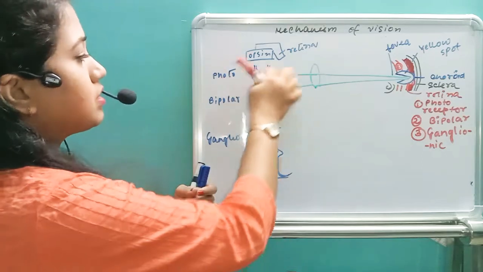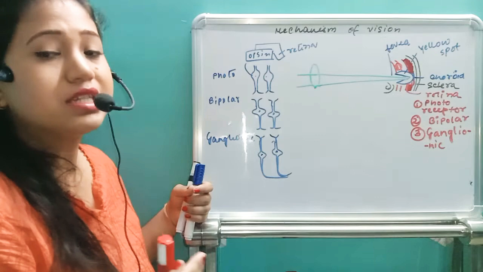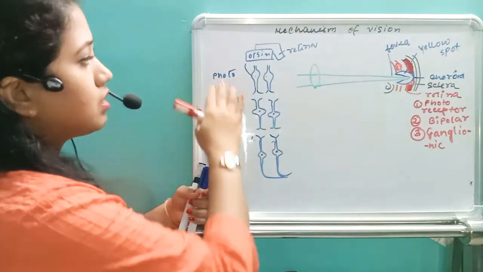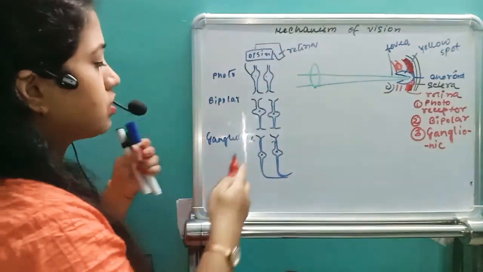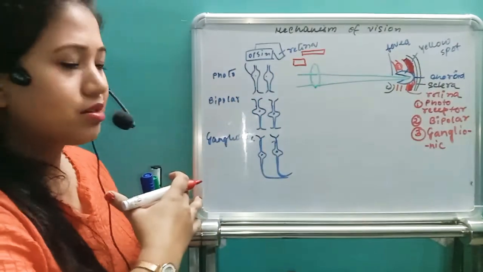So here what happens is that the opsin and retinal change their conformation. Suppose this is the opsin and it leaves the retinal like this, so there are some changes.